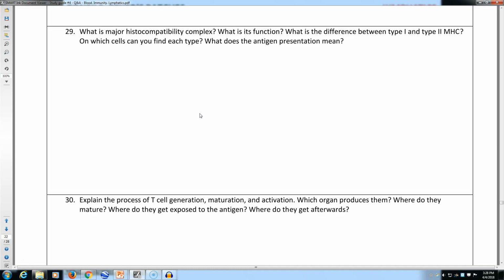Remember the rule, it's always 8. CD8 will be presented by MHC class 1, and CD4 will be presented antigen by MHC class 2. Okay, we're good?